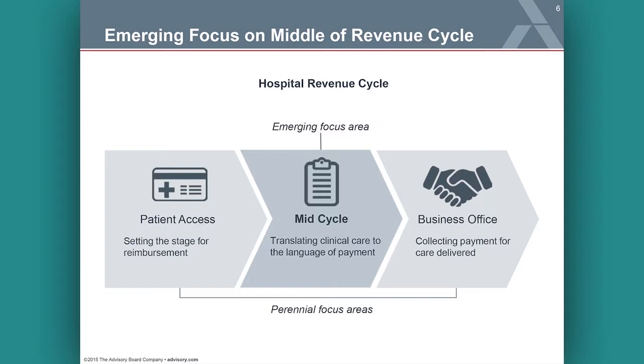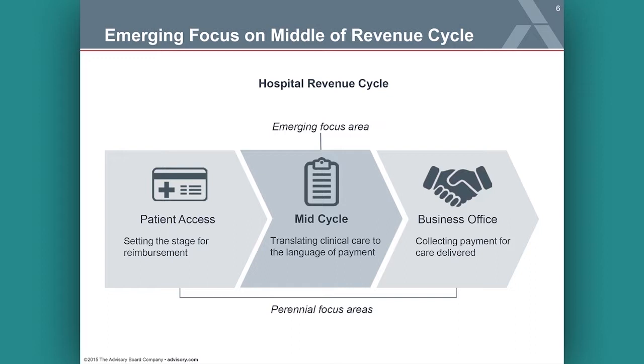So I guess the conversation really begins with, why is the mid-cycle such a hot area of focus right now? In addition to some of the big macroeconomic trends that John was talking about, we're really hearing three major reasons why our chief revenue officer constituents are focusing on the mid-cycle.